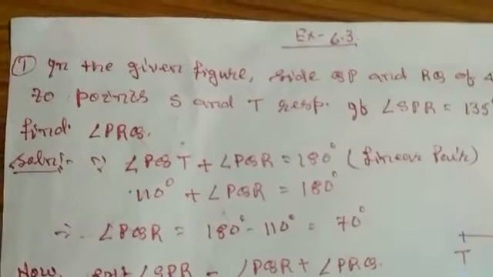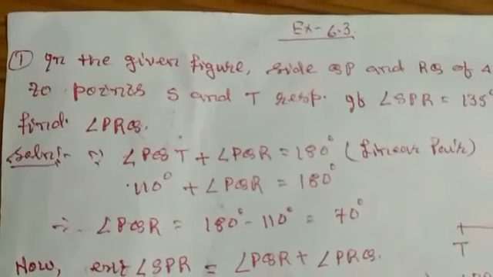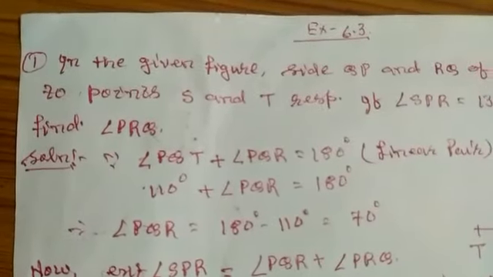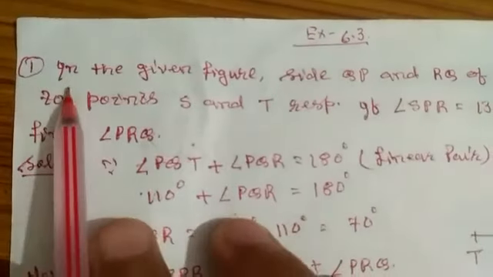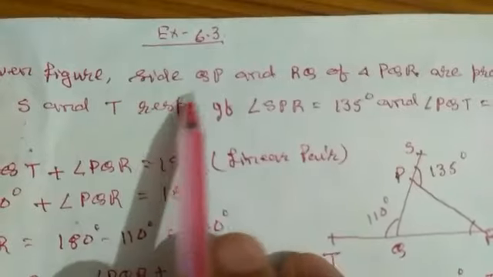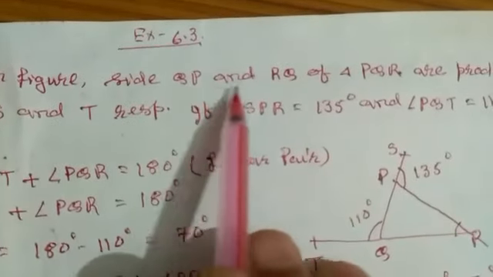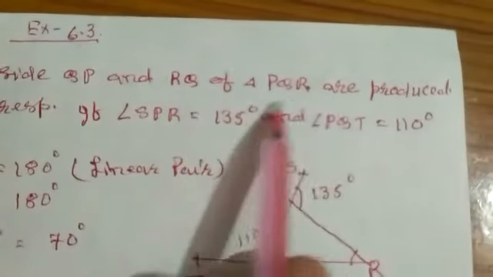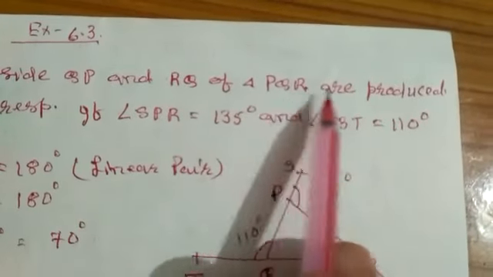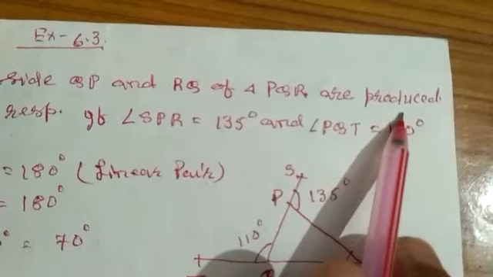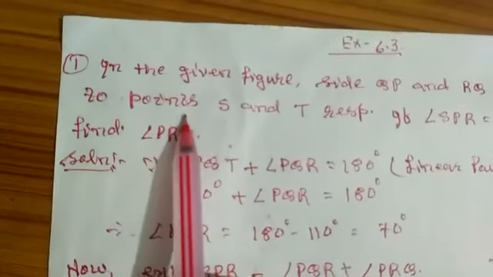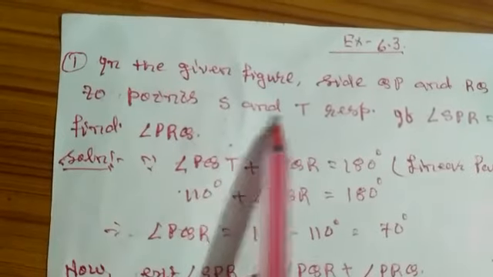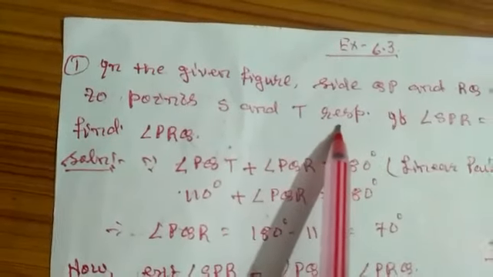So, our first question is, in the given figure, side QP and RQ of a triangle PQR are produced to two points S and T respectively.